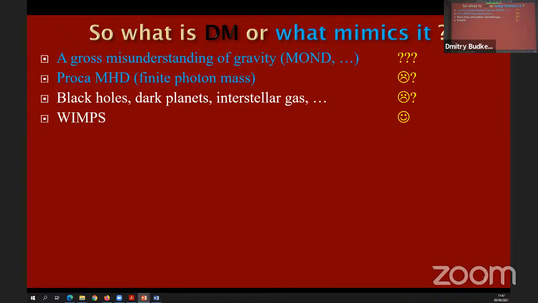And it turns out that it's very easy from the point of view of particle physics to think of what these WIMPs could be, and they fit so nicely into the picture in the standard model, sort of how we think of particle physics, that people have been talking about this WIMP miracle.